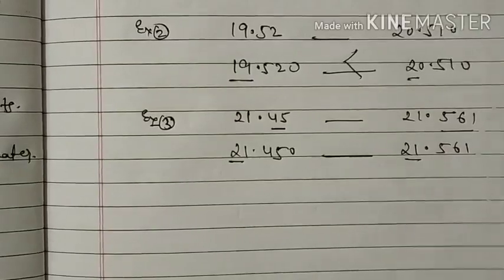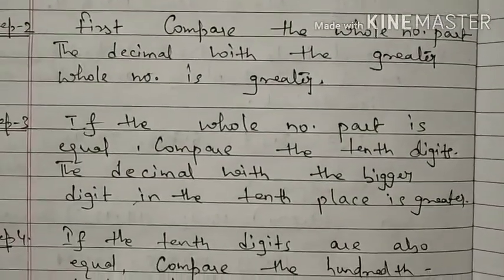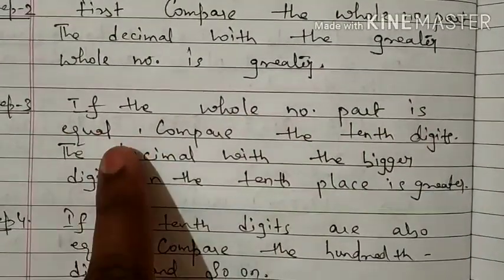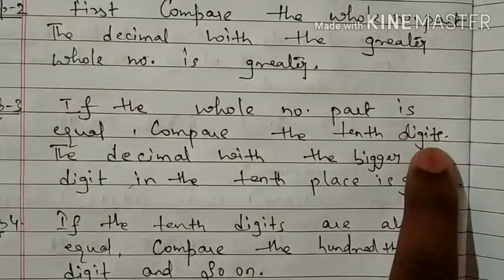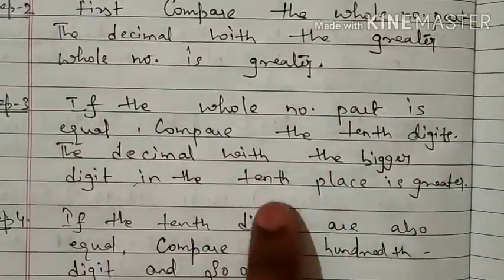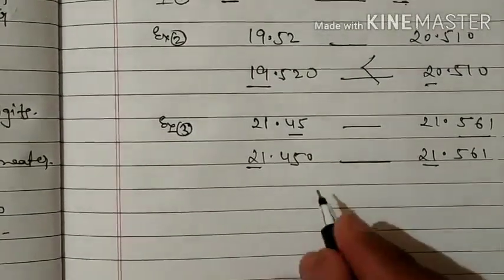What will we do? If the whole number part is equal, compare the 10th digits. The decimal with the bigger digit in the 10th place is greater. Which one is the 10th digit?